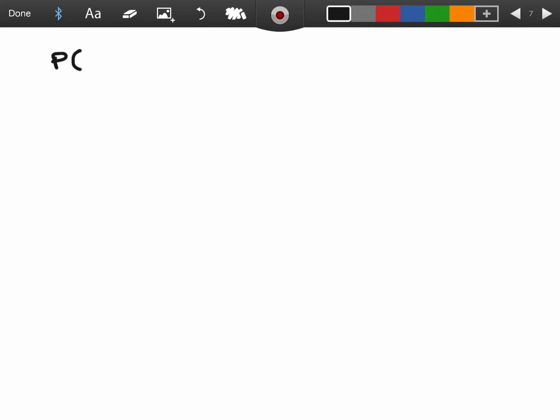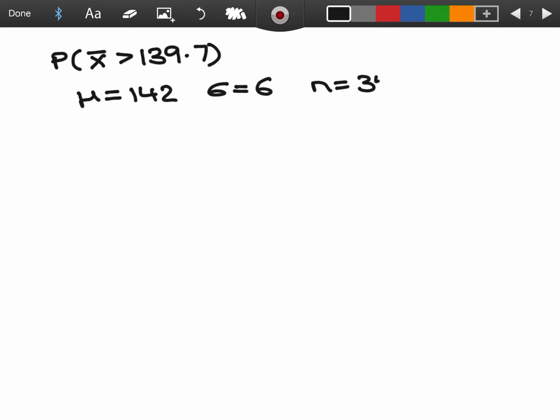So we've got our population mean of 142, population standard deviation of 6, and a sample size of 35.